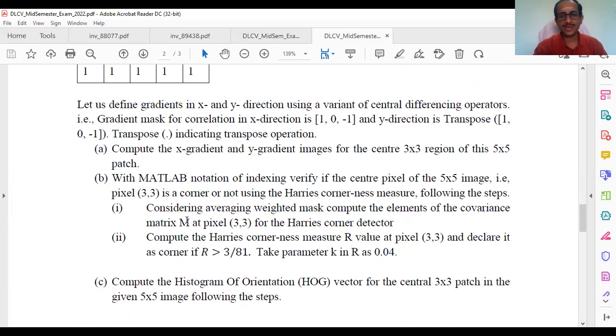So first you have to form the covariance matrix M with the elements Ix square, Iy square, and Ix Iy, as you know, in the Harris corner detector. Since you already have Ix and Iy, you can easily calculate Ix square, Iy square, Ix Iy. That is suggested only for the central 3x3 region.